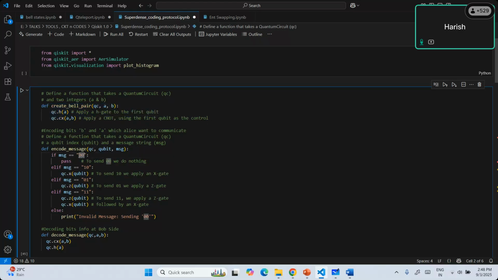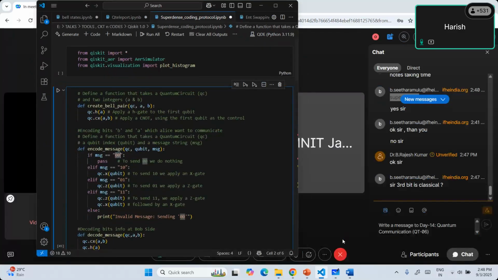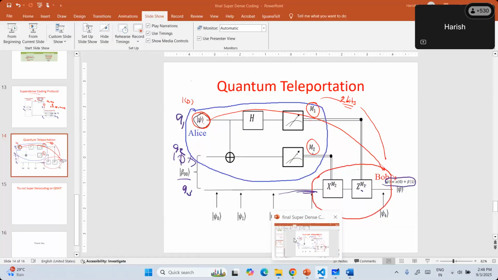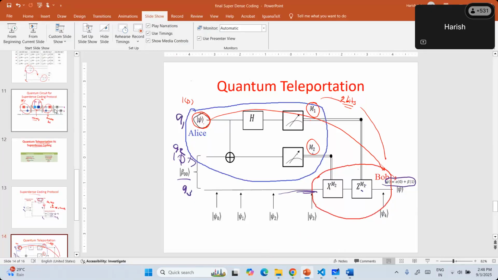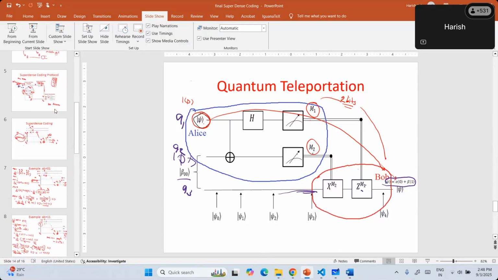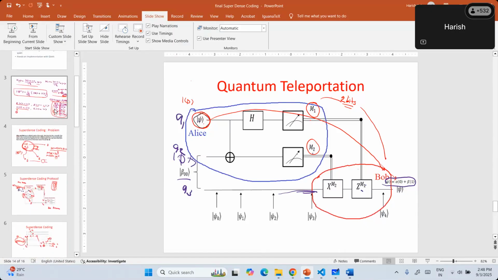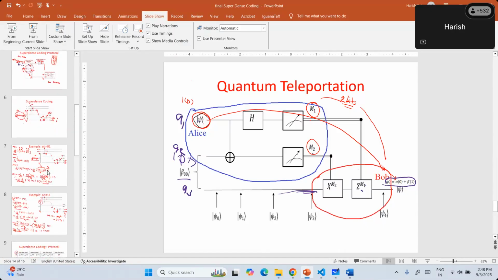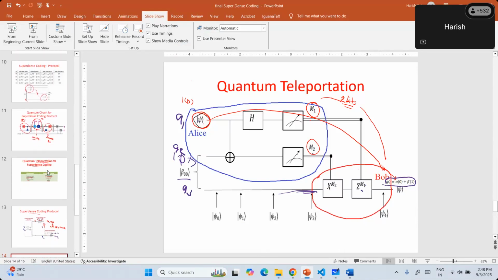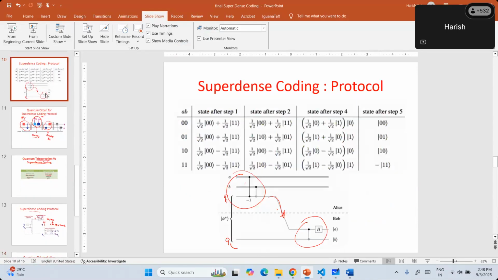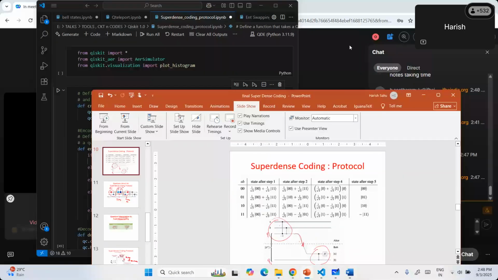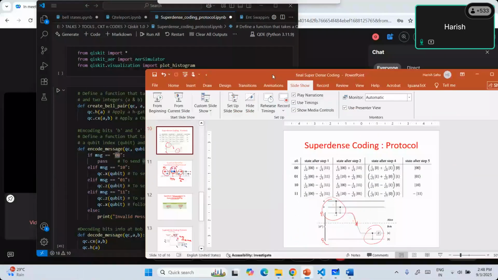Suppose Alice wants to send the bits 00. During the encoding process, I want to put them side by side so you can see.